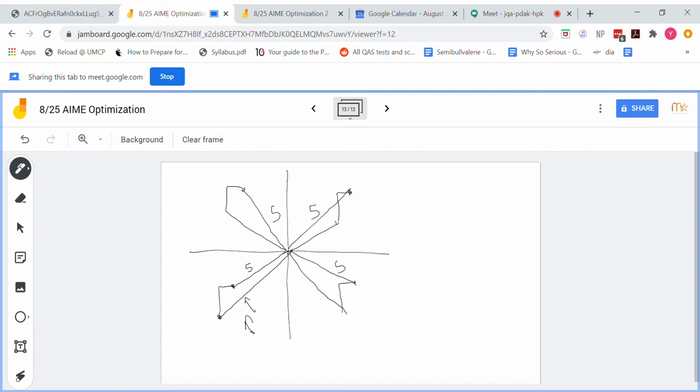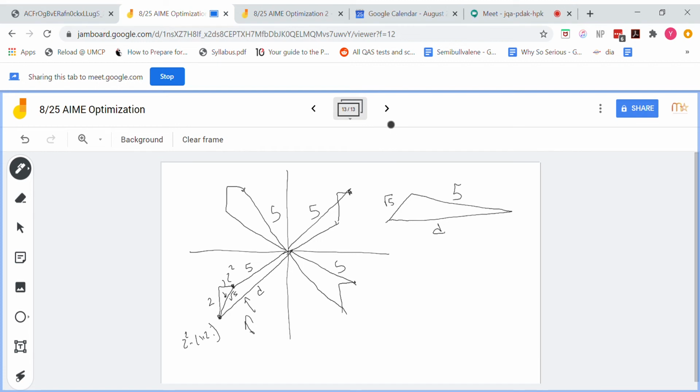Now, one thing to notice is that if we connect these two points right here, so this is z squared, and this is z squared minus 1 plus 2i, this right here has length 1, this has length 2. So what is the length of this side right here? That side is root 5, correct? So the new distance, which is what we're looking for, we'll call it d, forms a triangle, and the other two sides of the triangle are fixed at 5 and root 5 by construction.